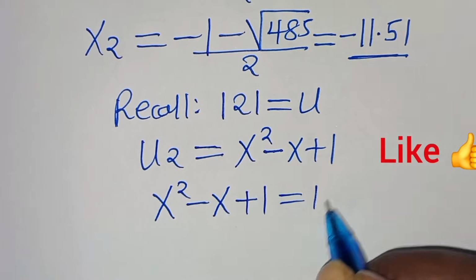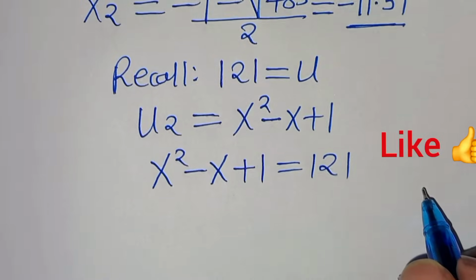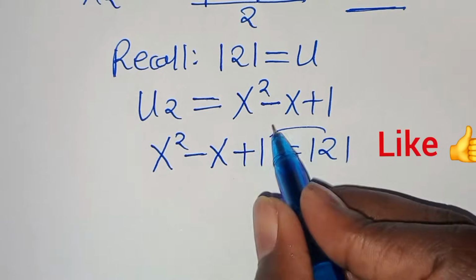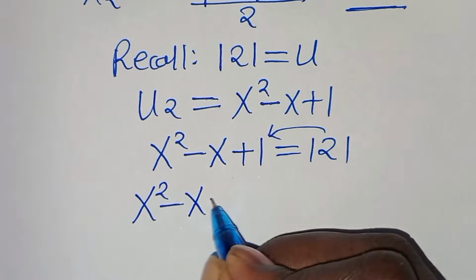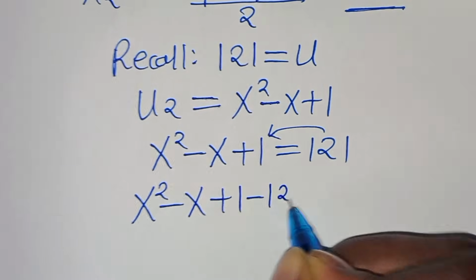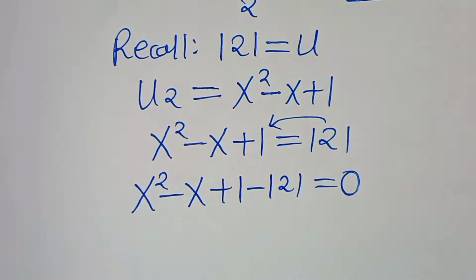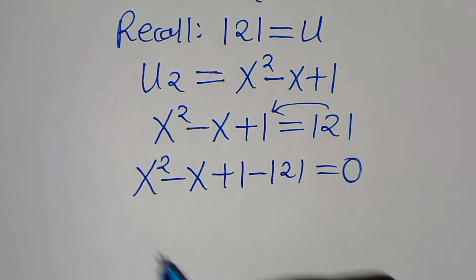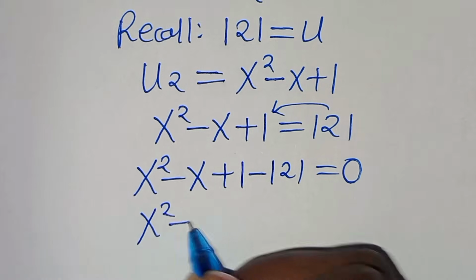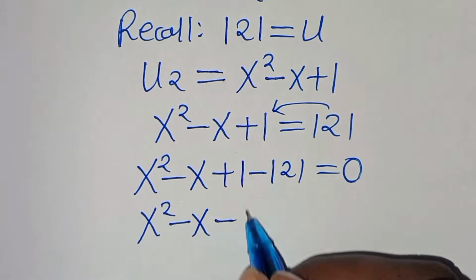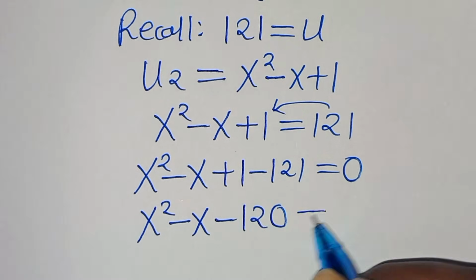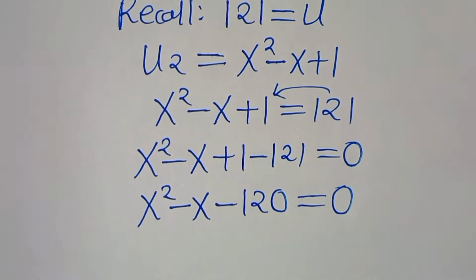This is equal to 121. Now, let's take 121 on the left hand side so that we have x squared minus x plus 1 minus 121. This is equal to 0. So this means that we have x squared minus x, then here plus 1 minus 121. This is minus 120. This is equal to 0.